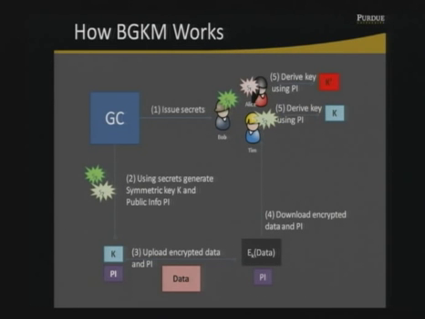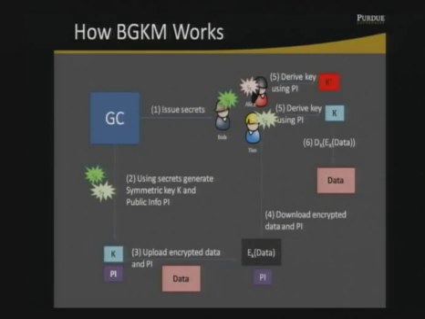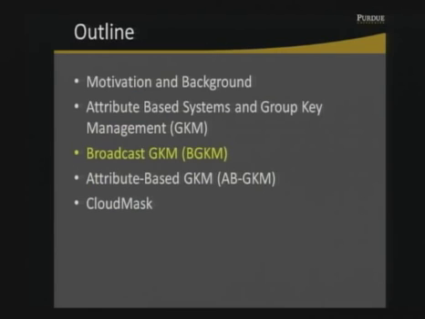We mathematically prove there is only a negligible probability of deriving the actual key if you don't have a valid secret that's included inside the public information. So only Tim can decrypt it, but Alice won't be able to because she doesn't have the correct key. So that's the high-level idea about broadcast encryption.